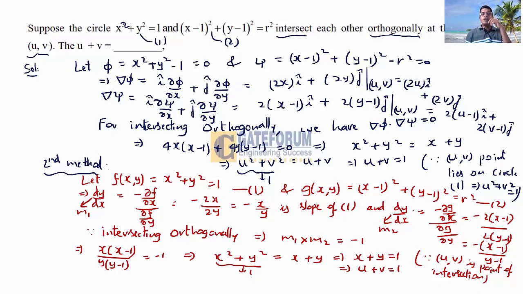That is, automatically (u, v) lies on the two curves. I mean, it doesn't mean satisfying the slope; we are calculating the slopes at the (u, v) point. Okay.